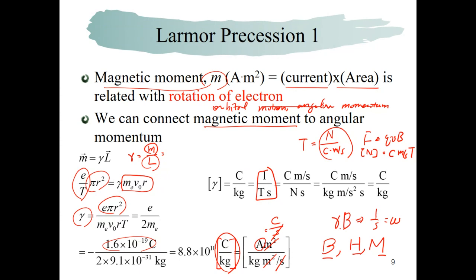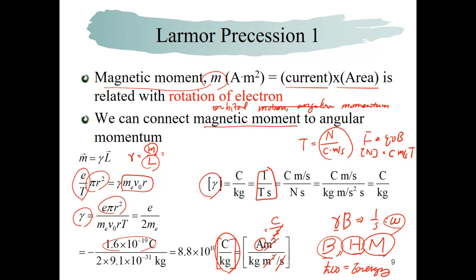But if you multiply the gamma to any field-like term, we can obtain the frequency, the inverse of the time scale. Or if we are working on quantum mechanics, if we multiply the h bar to the omega, we can obtain the energy.